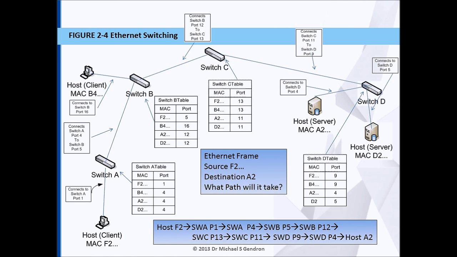It will then send that frame out port 4, which in our example happens to be directly connected to MAC address A2 for that host server. Switches don't know that, but they do know that they need to send the frame out a particular port. It is the responsibility of the receiving device, the host in this case, to process the frame appropriately. And in this case, that means to decapsulate and to do something with the frame on the host.